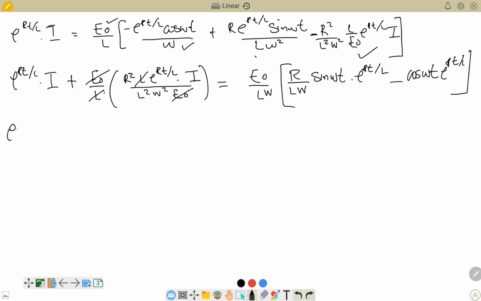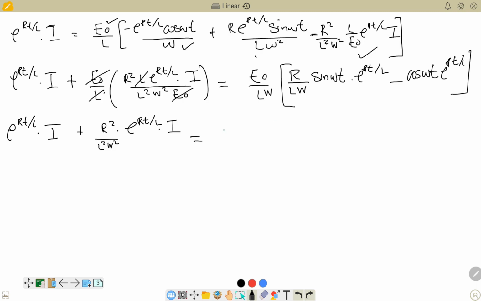Then we are left only with e to the power rt over L times I plus r square times e to the power rt over L times I again, then over L square w square.